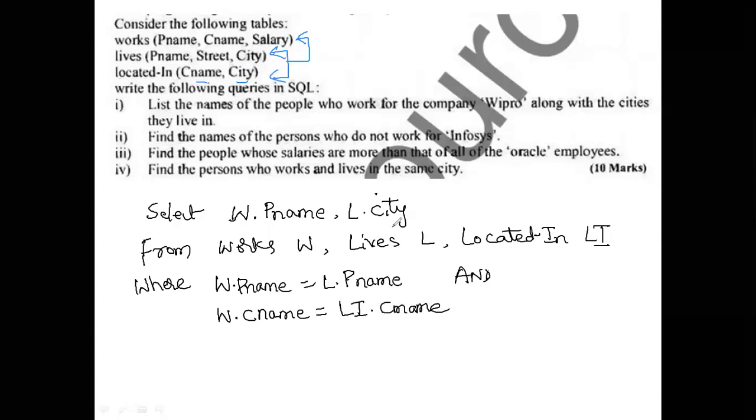So the company name is joined. Company name is present in works and located in, whereas person name is present in works and lives. So joined. Next, another condition that is asked in the query is they must live and work in same city. So that is l.city should be equal to li.city. So this is the final query.